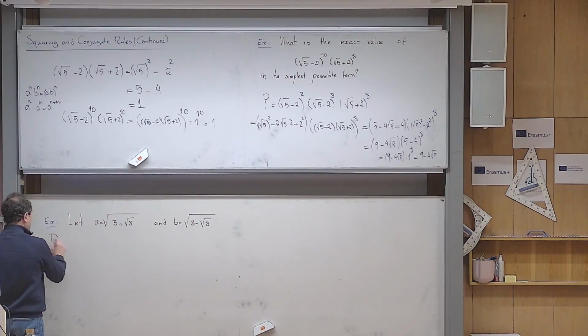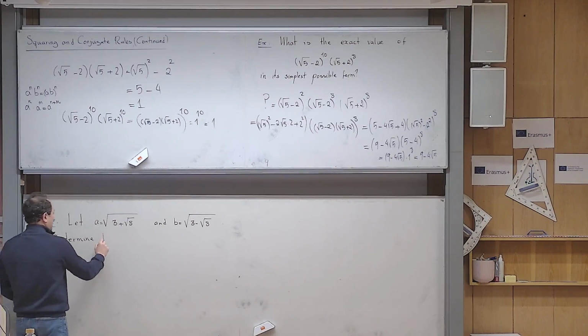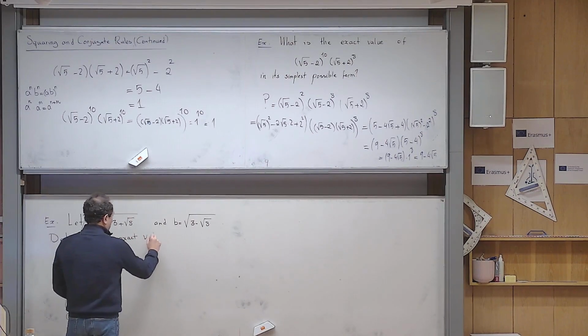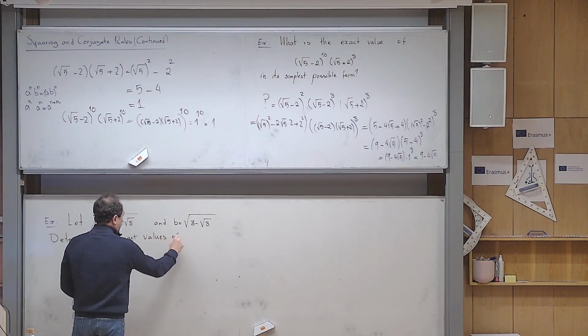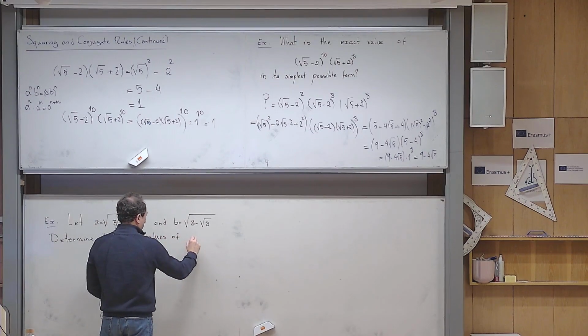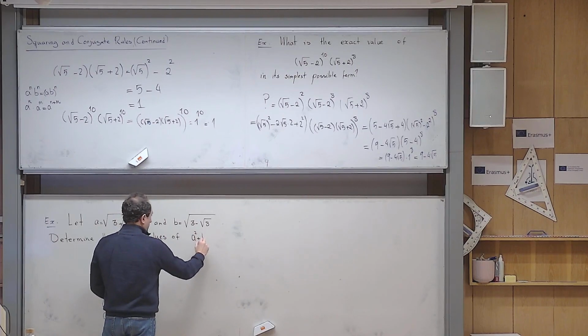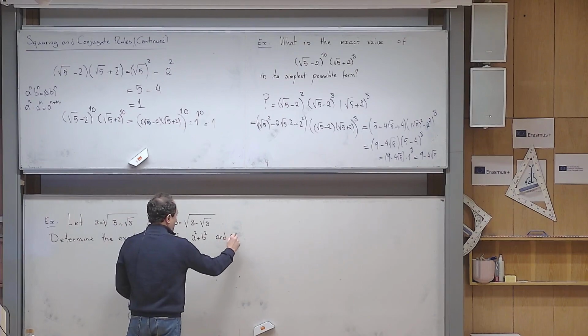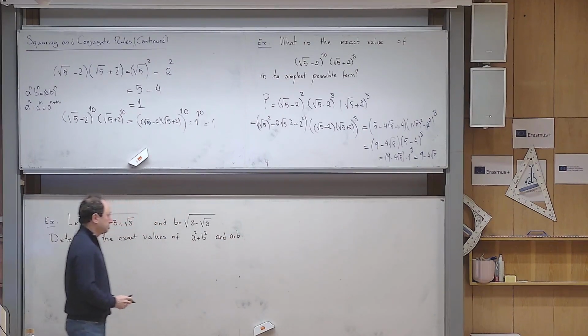Determine the exact values of a squared plus b squared and a times b.